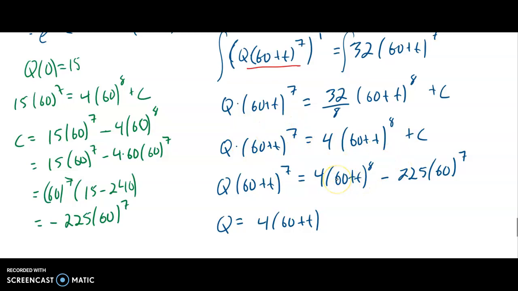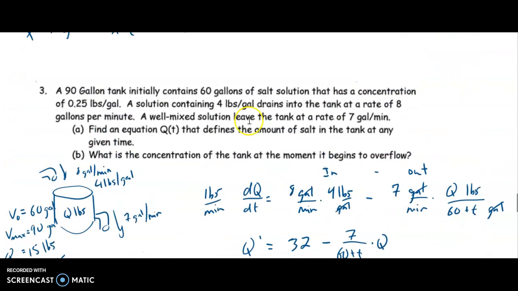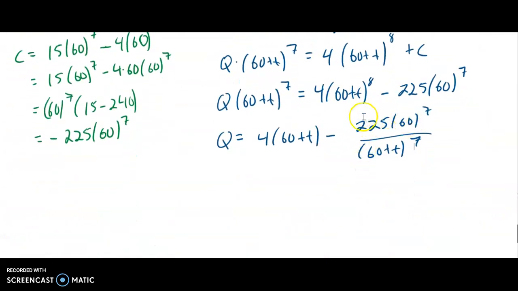And then minus 225 times 60 to the 7th, all over (60 plus t) to the 7th. I think that's a nice clean answer for q of t, and it's the answer to question A. Find q of t. If you have this as a decimal in scientific notation, that's totally fine.